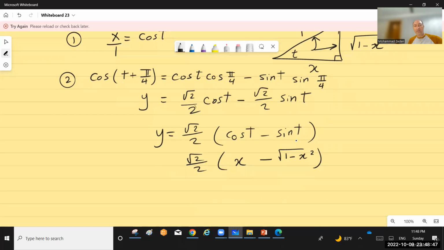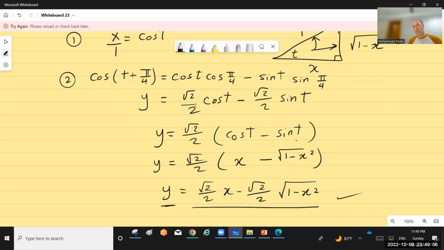So the Cartesian equation of this curve is y equals radical 2 over 2 x minus radical 2 over 2 times the square root of 1 minus x squared. So we now get y as a function of x only. Thank you so much. Goodbye.